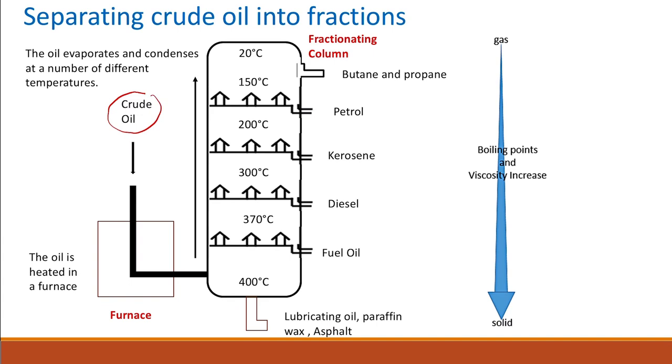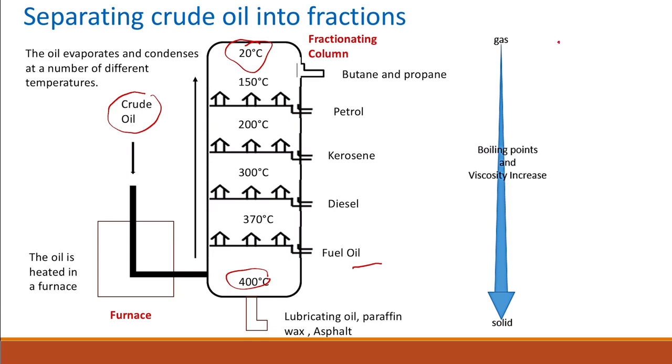The vapors will rise into the fractionating column, where there is a temperature gradient within the column, with higher temperature at the bottom and lower temperature at the top. The different fractions with different boiling points will be cooled down and condensed and collected at different points in the fractionating column.